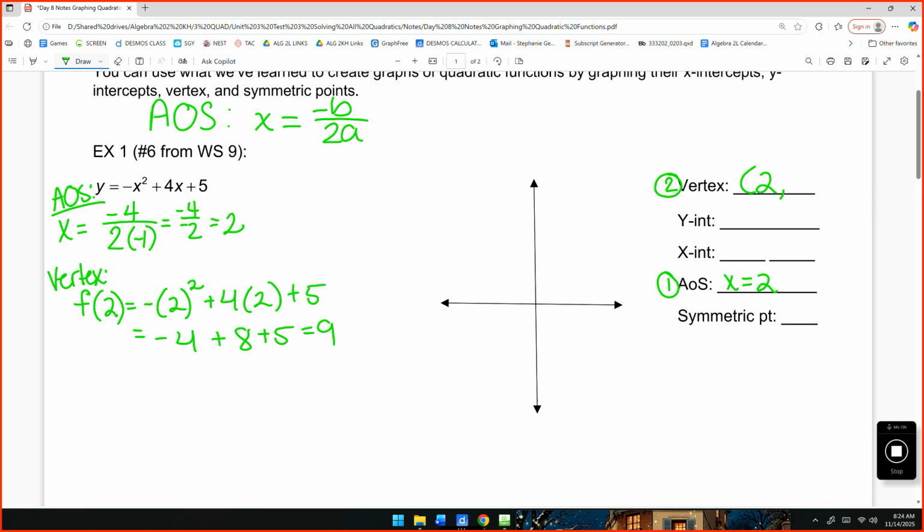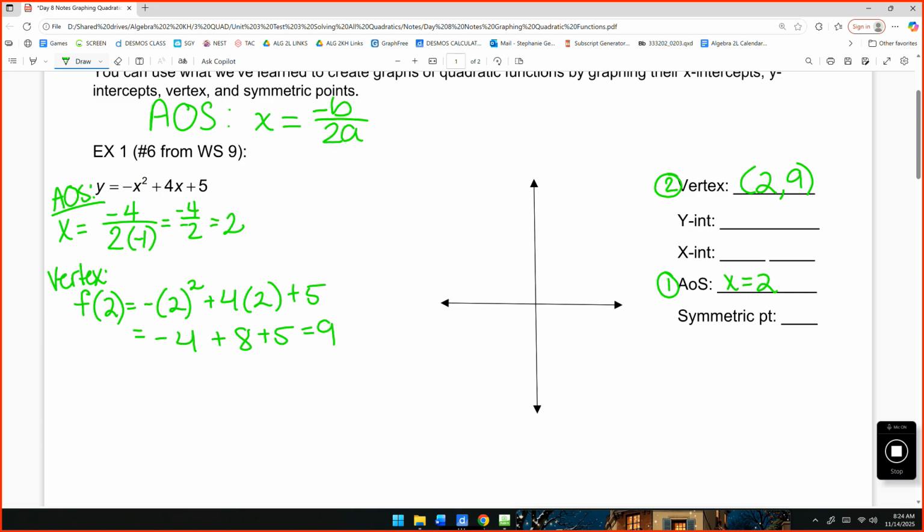So the vertex is the point (2, 9). We'll wait till I gather all the things before I actually graph it.